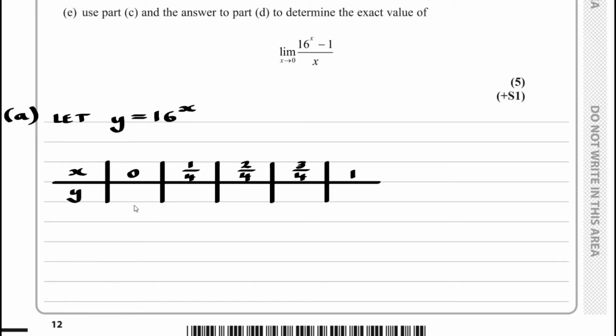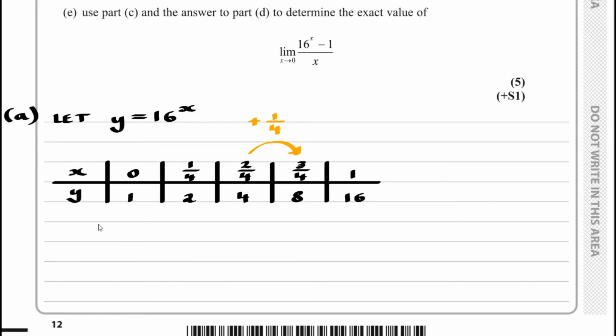So 16 to the 0 is 1, 16 to the 1/4 is 2, 16 to the 2/4 is 4, 16 to the 3/4 is 8, and 16 to the 1 is 16. And what you will notice is we are going up in quarters each time for our x values.